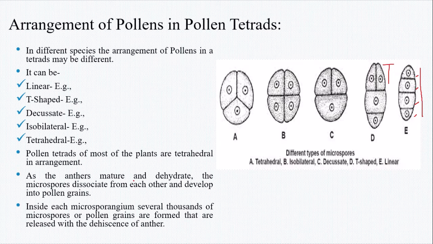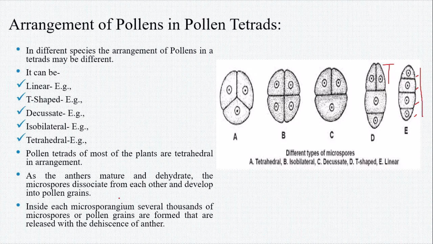As the anthers mature and dehydrate, the microspores dissociate from each other and develop into pollen grains. Inside each microsporangium, several thousand microspores or pollen grains are formed that are released with the dehiscence of the anther.